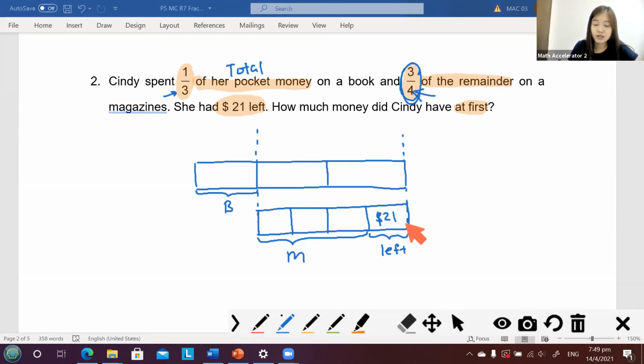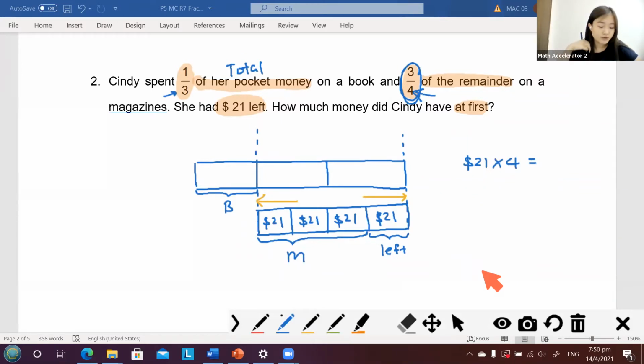So now that you know that one unit in the second model is $21, let's look for the total here, which is 4 units. 1, 2, 3, 4, because all of these are 21. They're all equal. So take your 21 times 4 first.